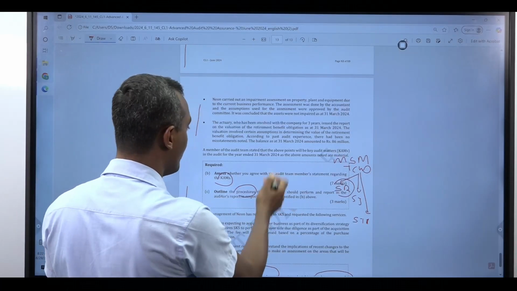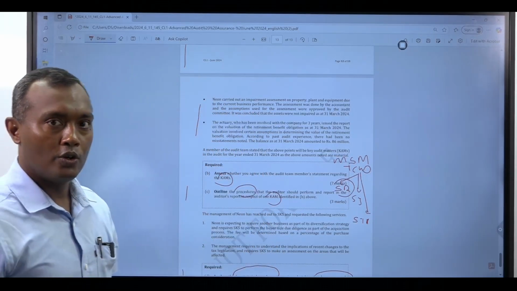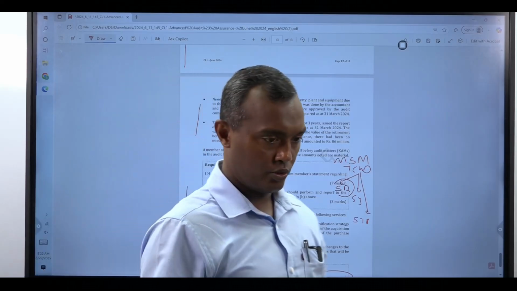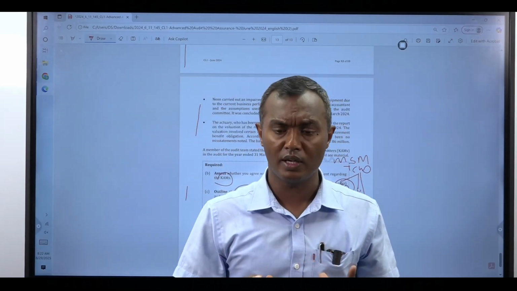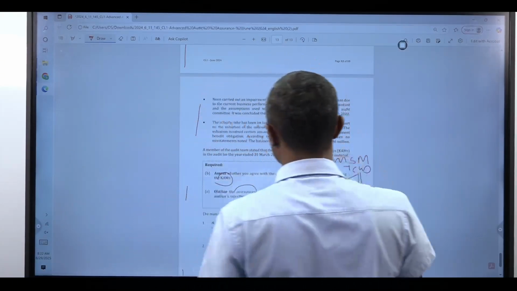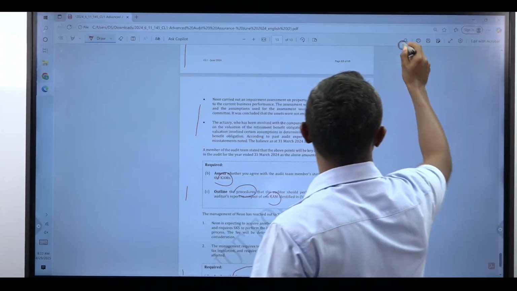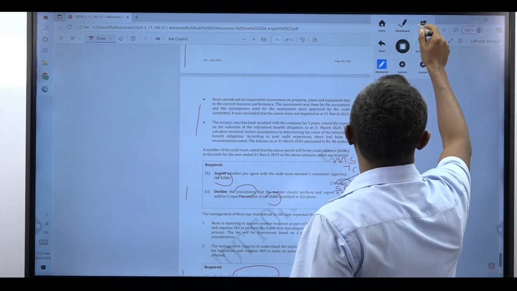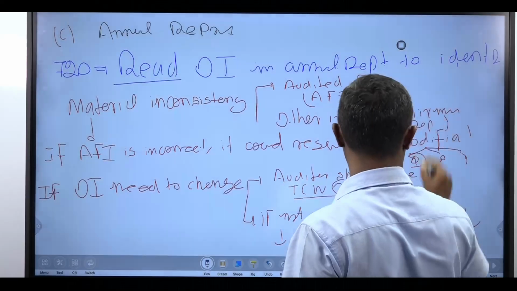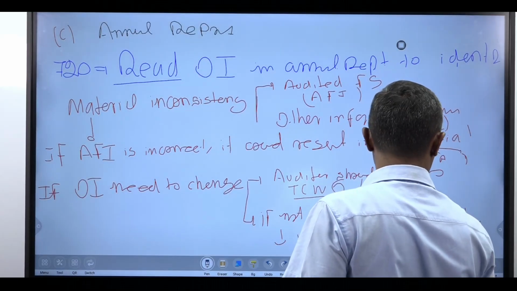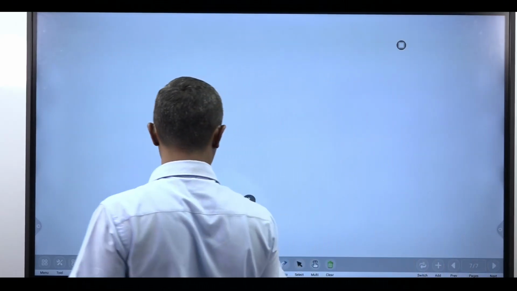Outline procedures that you are going to do on the CAM. So simple, right? Let's get into inventory and answer that. I'll help you to write. So basically what we have to say is why CAM and what to do.